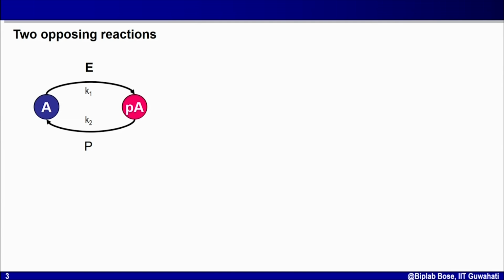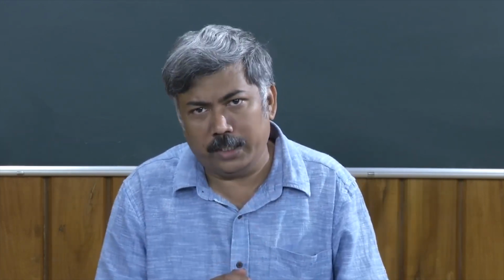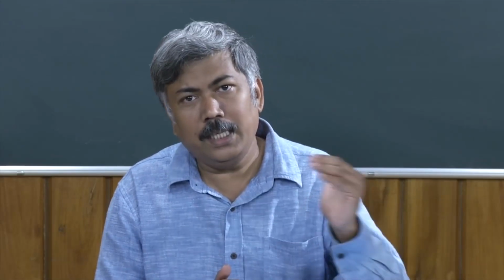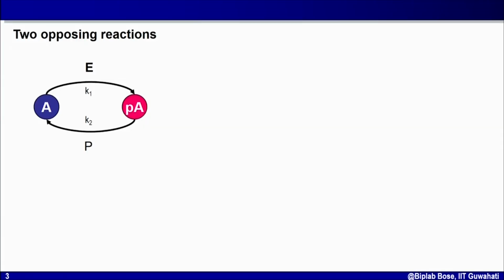As there is a kinase to phosphorylate the protein, the kinase is E, there is also a phosphatase to dephosphorylate PA. So the kinase E is creating PA and the phosphatase P is removing that phosphate group and giving rise to A again. So it's a reversible process.